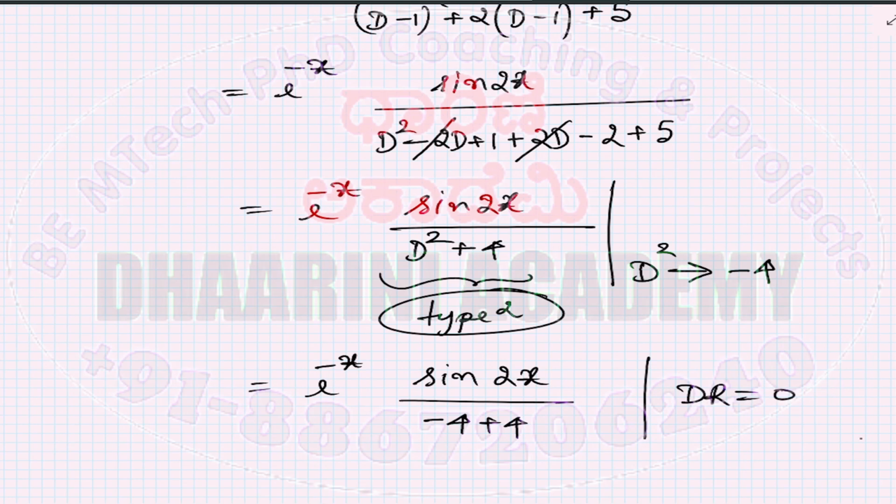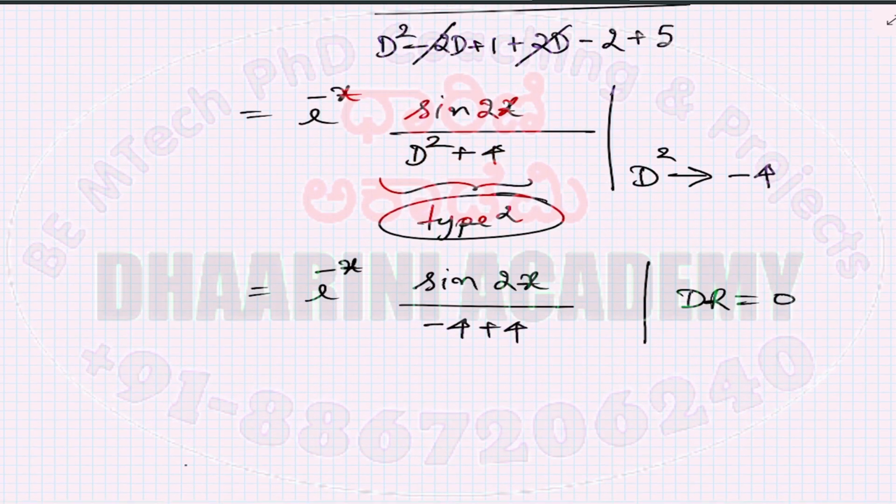As soon as the denominator becomes equal to 0, we need to multiply by x and differentiate the denominator of the previous step. So this is equal to x being multiplied, e to the minus x is already there, numerator is sine 2x, and in the denominator we differentiate D squared plus 4, which gives 2D.